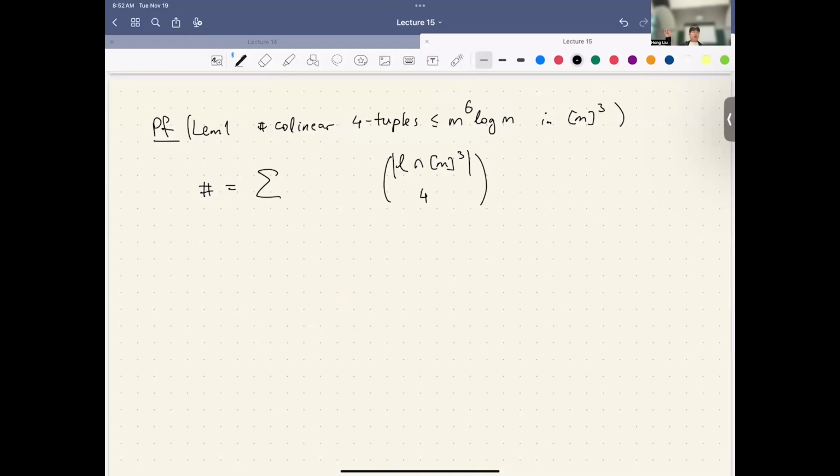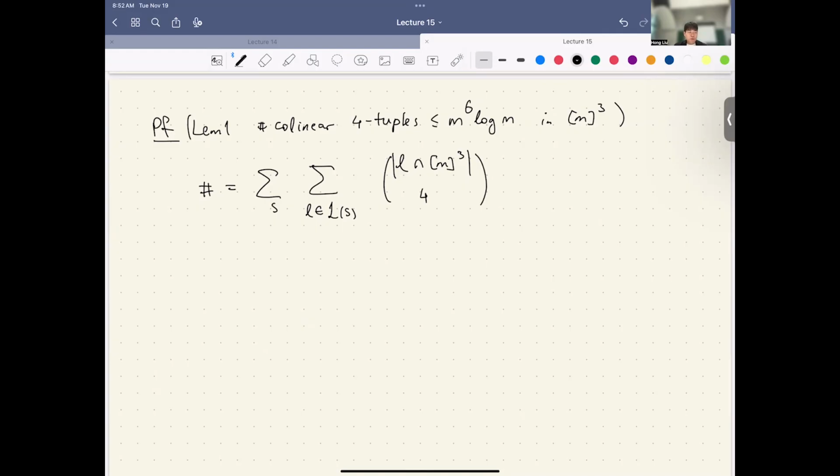And we have to sum over all lines. So we're going to group lines by their direction S. You fix the direction S, and you fix a line in direction S in the set L of S. Now on this line, you choose 4 points. That's exactly the number of collinear 4 tuples.